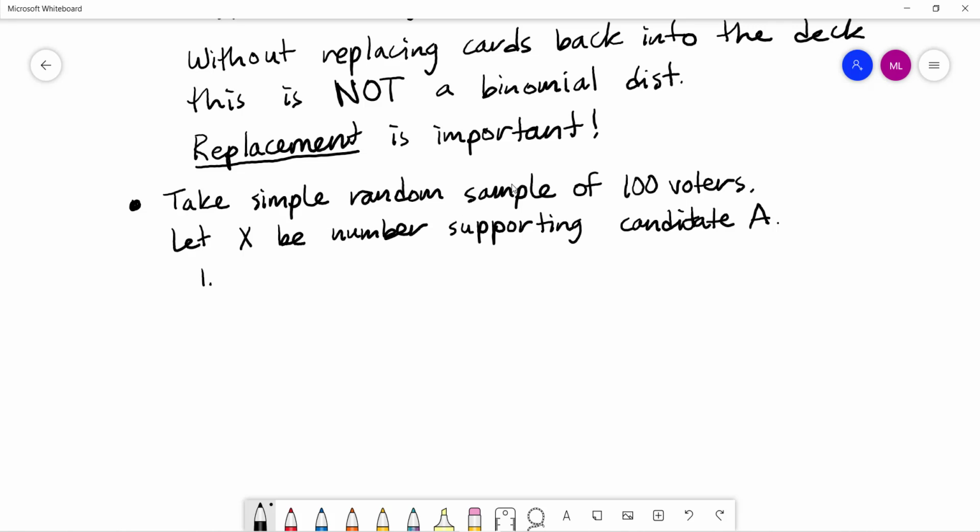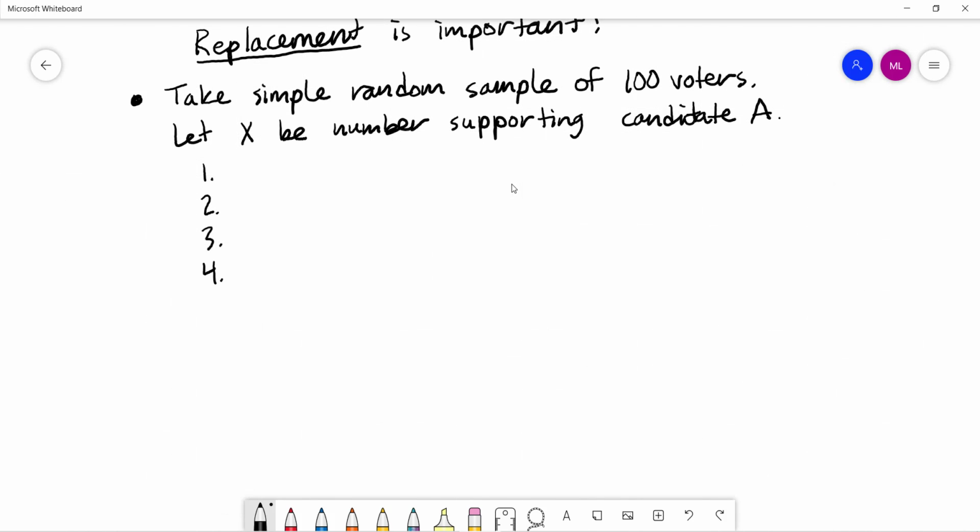So here's my 5 criteria. Do we have a fixed number of trials? Yes. We are doing basically a simple random sample 100 times. We're picking 100 people out of the crowd.